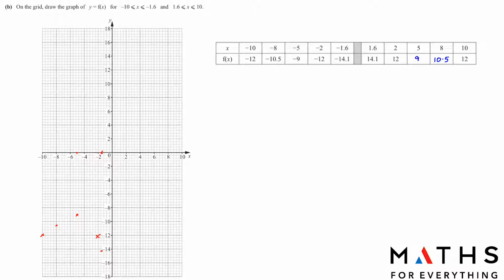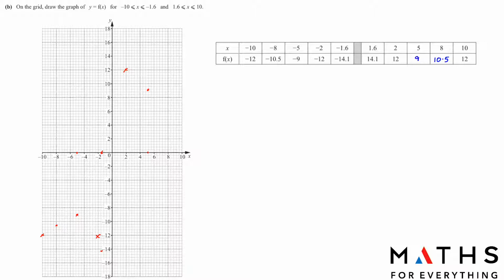Then when x is 2, y is 12. Again an easy point. When x is 5, it's going to be in the middle. 9, again in between 10 to 8. Somewhere here. And when x is 8, you have 10.5.